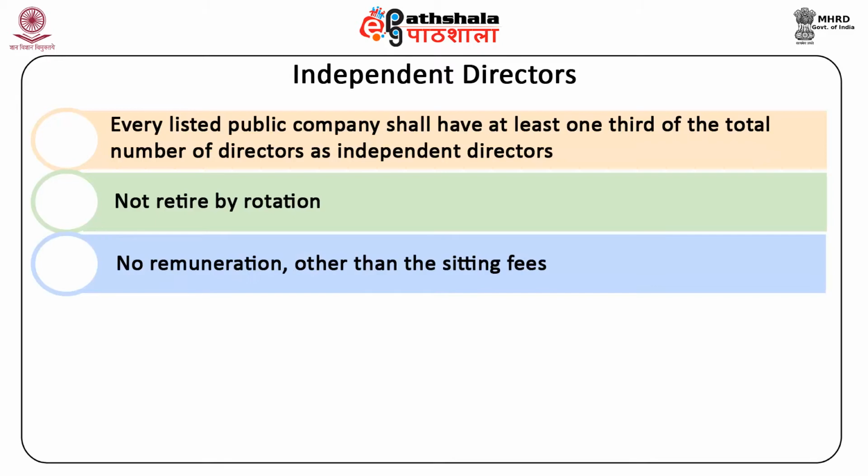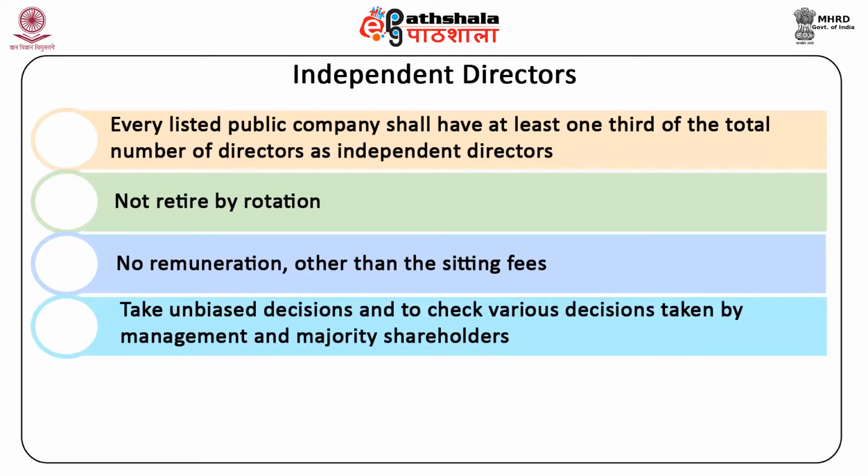They shall not be entitled to any remuneration other than sitting fees, reimbursement of expenses for participation in the board meeting, and profit-related commission approved by the members. The whole and sole purpose behind introducing the concept of independent directors is to take an unbiased decision and to check various decisions taken by the management and majority shareholders.